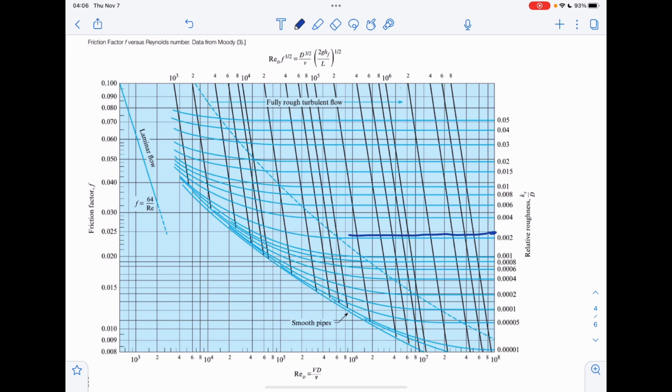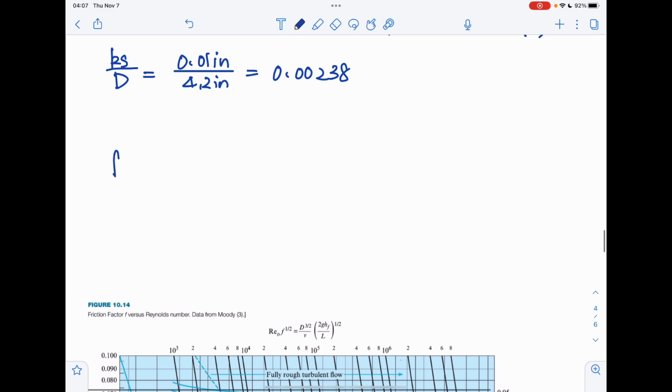We follow this line. For the Reynolds number, 2 times 10 to the power of 4 is here, so 2.39 times 10 to the power of 4 will be somewhere here. If we follow the straight line, it gives us a friction factor of about 0.03.